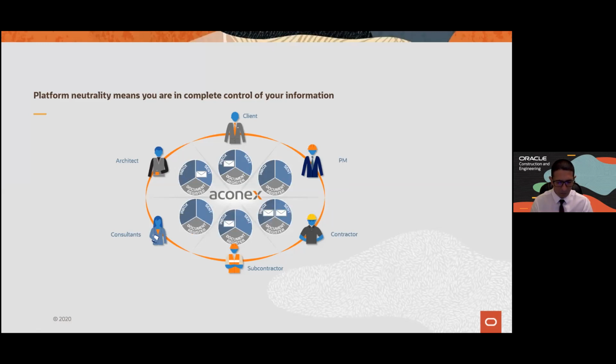In this case, the outgoing correspondence will be stored in the contractor's sent box, and the subcontractor will receive it in the inbox. So this way, you'll be able to quickly track which correspondence was sent, who received it, when it was sent, and it's correctly filed into the appropriate data folder. So that's how we handle correspondence.